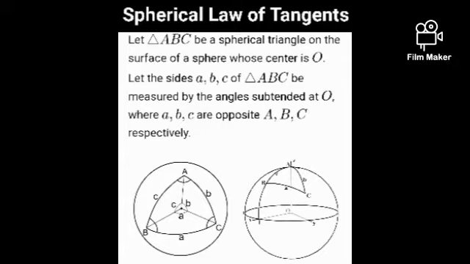We let ABC be a spherical triangle on the surface of a sphere whose center is point O. Further, we let the sides small a, b, c of triangle ABC be measured by the angles subtended at the center of the sphere, point O, where small letters a, b, c are opposite the angles, capital letters A, B, C, respectively.